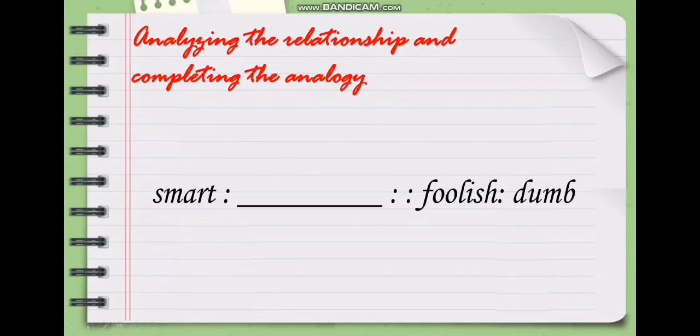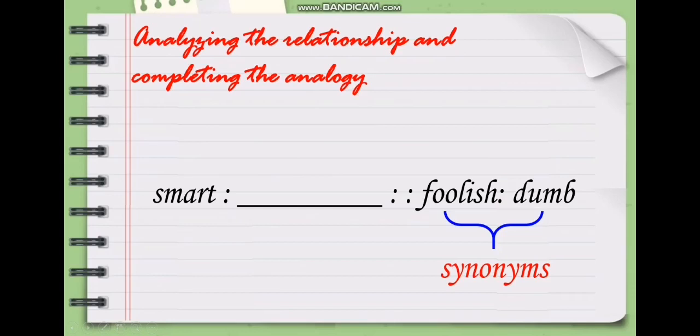Another example we have is smart is to blank, as foolish is to dumb. Since the pair of words foolish and dumb mean the same thing, being naive or stupid, they are synonymous with each other. Therefore, the other pair of words must also be synonymous to each other.